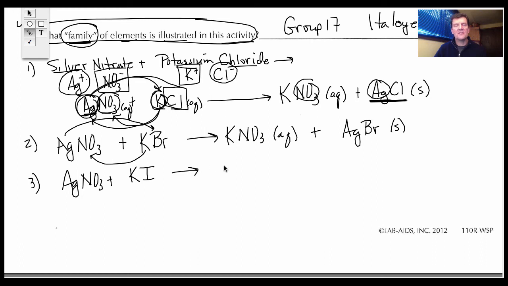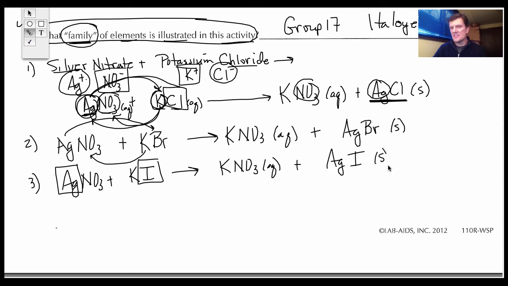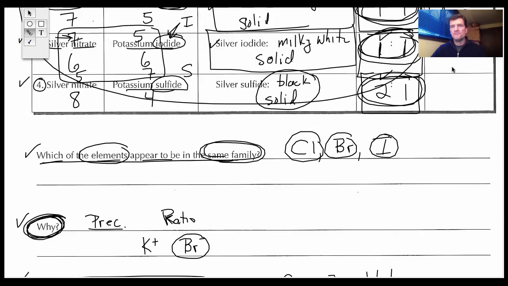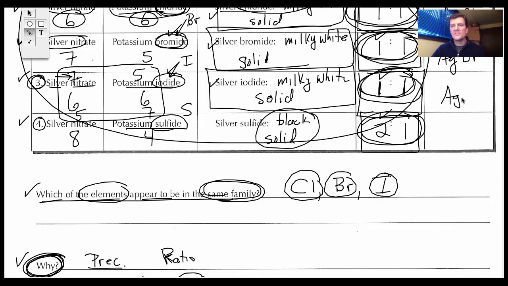And just like the first two, we're going to form potassium nitrate, which is soluble, and silver iodide. That's the formula for silver iodide. +1 silver, -1 iodide, and this is not very soluble. That's the solid that you see. Silver iodide. Okay, last one.